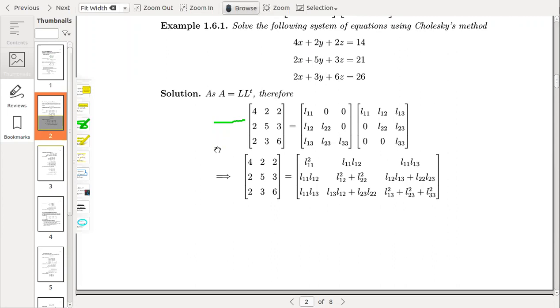So it can be decomposed and written as a product of a lower triangular matrix and its transpose. We just multiply these two matrices in the simple manner and we will get a matrix of the same order.